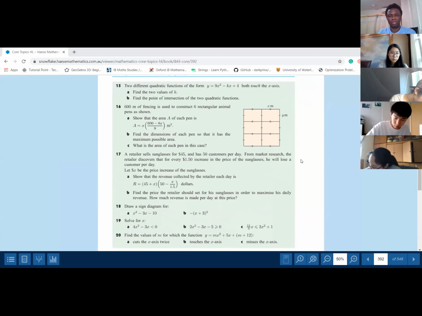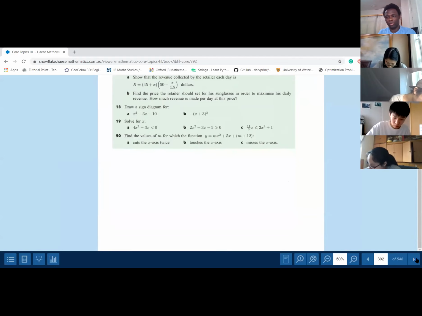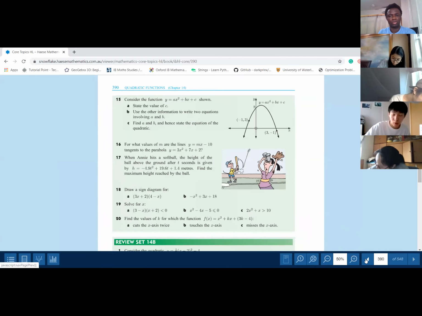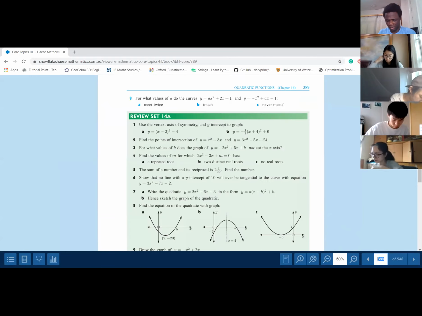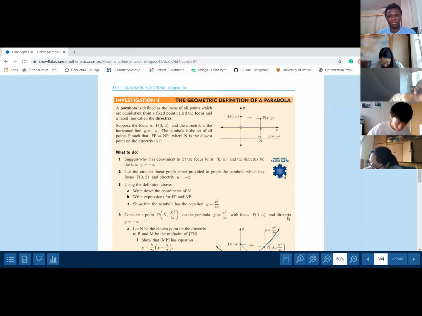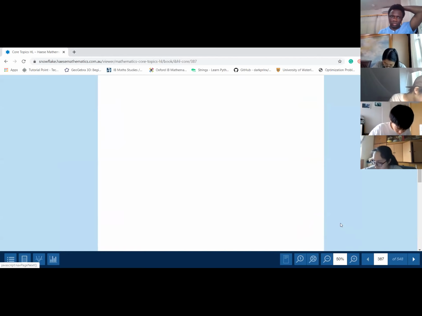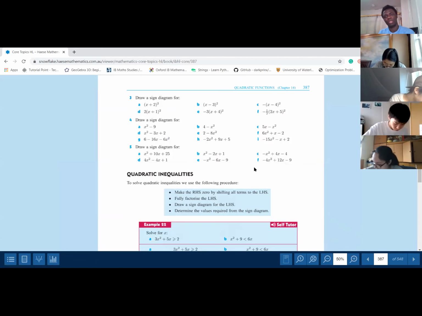So that's all about the content of the book. So for anyone who wishes to do more practice, all right, so now I can check work sent.